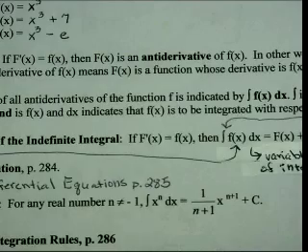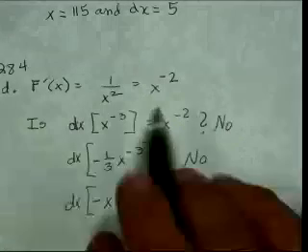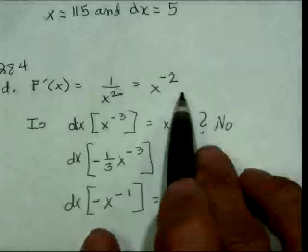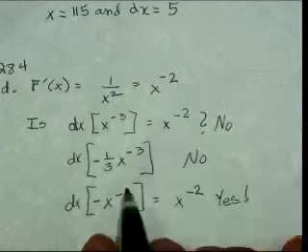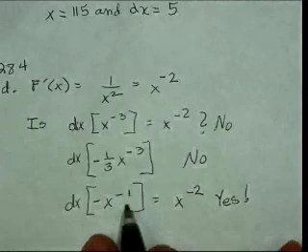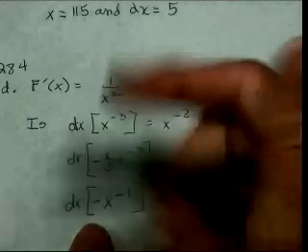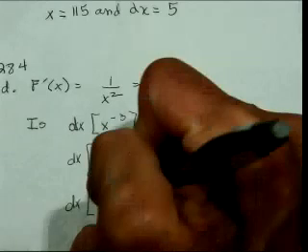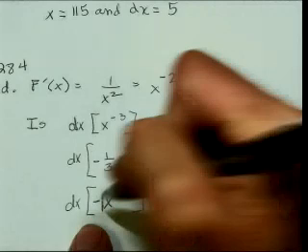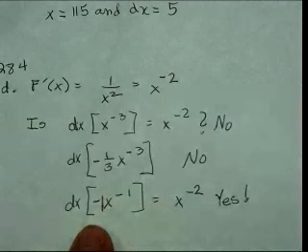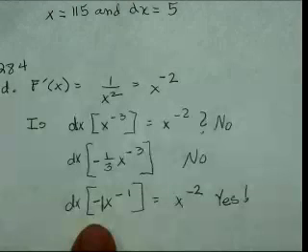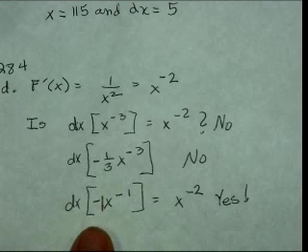Warren just gave us the answer to the D part there. He said the antiderivative of x to the negative 2, if we added 1 to the exponent, we'd get negative 1. And then if we divided by that negative 1, well, dividing by negative 1 and multiplying by negative 1 is the same thing. So Kayla's rule worked on the problem that Warren just gave us. That's pretty cool.